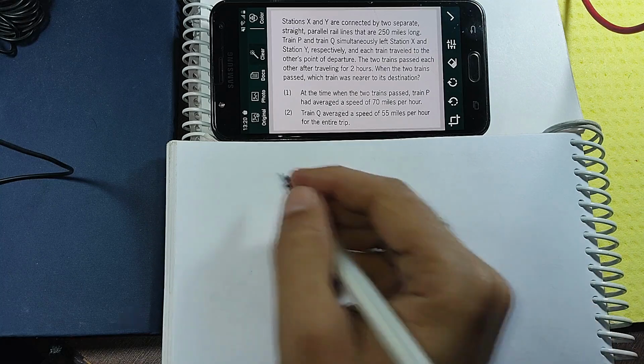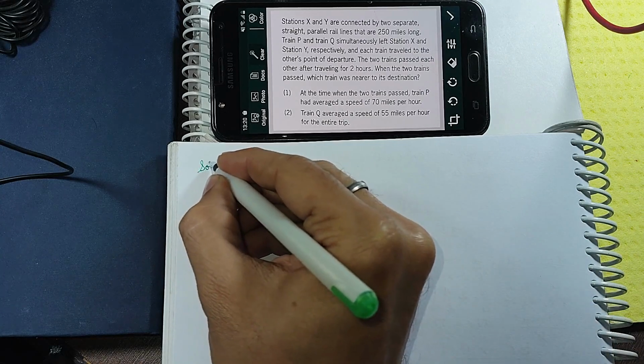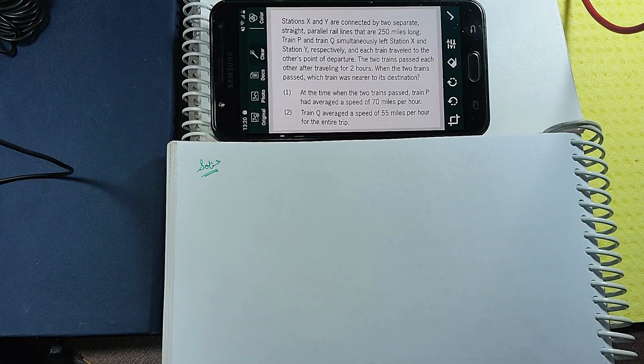Stations X and Y are connected by two separate straight parallel lines that are 250 miles long. Train P and Q simultaneously left station X and station Y respectively, and each train traveled to the other's point of departure.